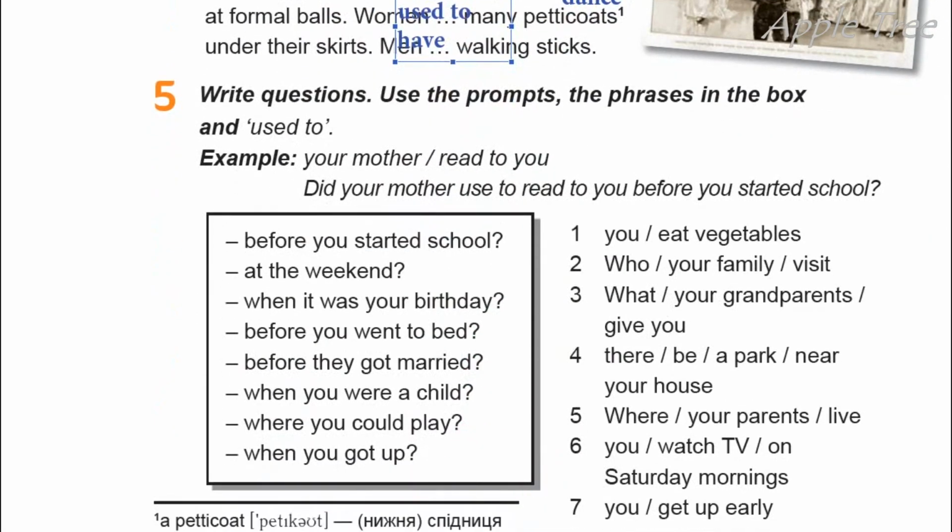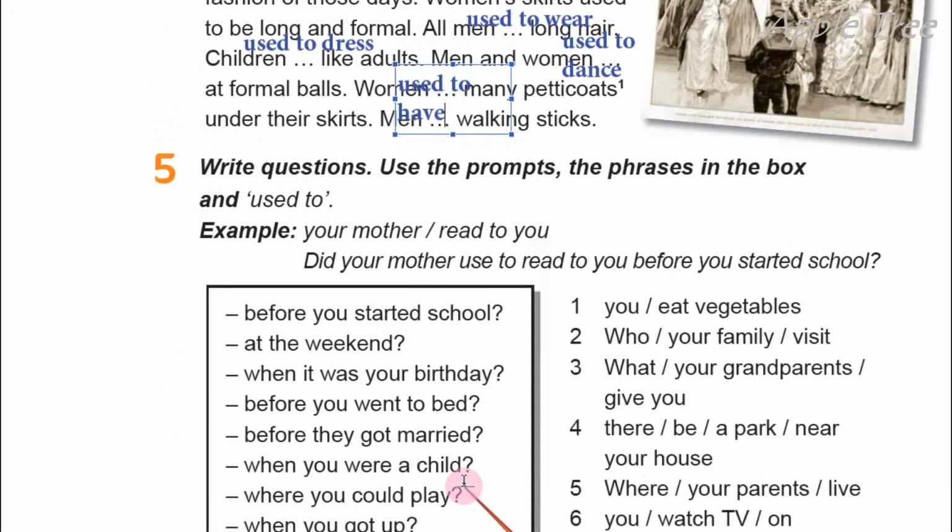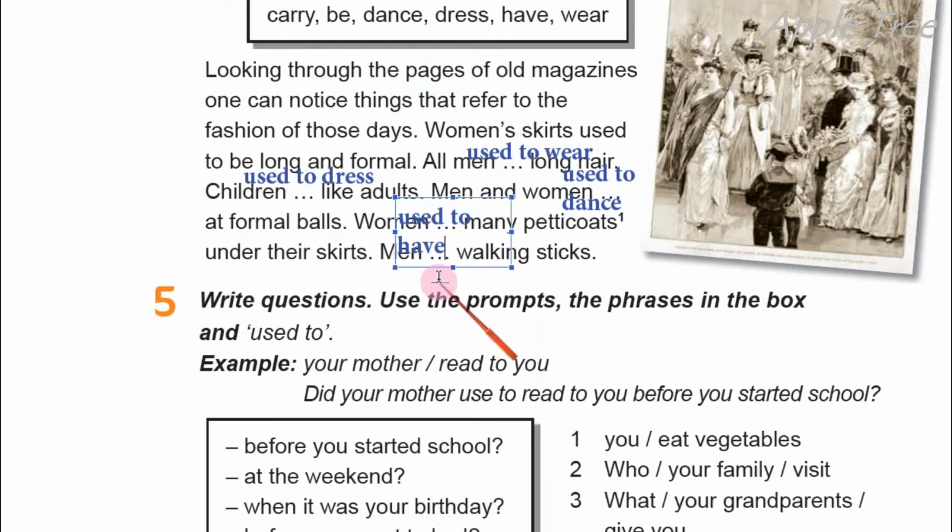Petticoats – нижня спідниця у нас є, зноска внизу. Men used to carry walking sticks. Men used to carry, а чоловіки раніше носили, вибачте, double R, one Y. Раніше носили, ходили іще із палицями. Так, з ціпками. Окей, ось таким було життя у минулому.